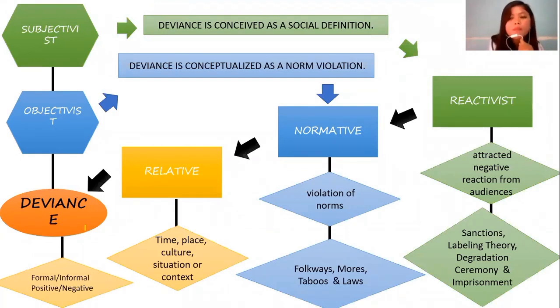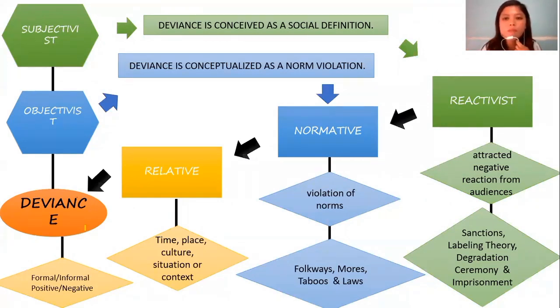So take for example, what we have now is the so-called new normal, in which there are new norms that are being established due to this COVID-19 pandemic, such as wearing of masks and observing social distancing. So if people will tend to deviate from these acts, then they will be considered as deviant as compared to before in which these norms are non-existent.